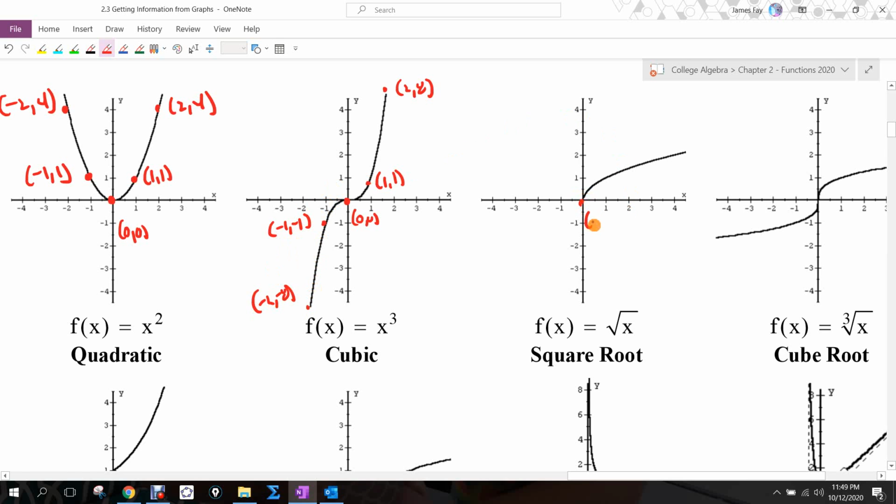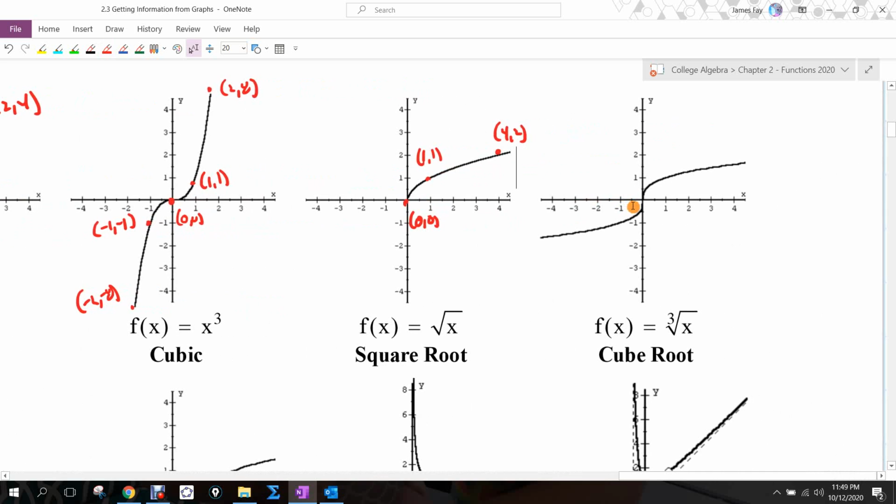Square root, we get 0, 0. We have 1, 1. We have 4, 2. Okay, if we know those, that's going to make our lives pretty easy. And then the cube root, very similar to that. We have 0, 0. But now cube root is a number I multiply by itself 3 times to get the radicand. So 1, 1 is there.